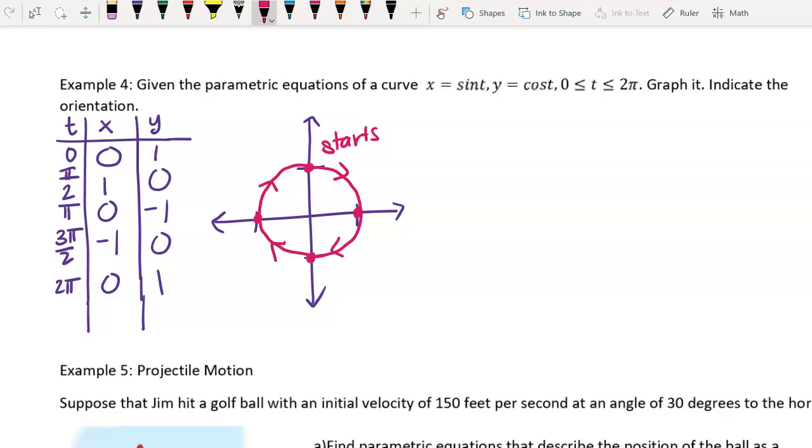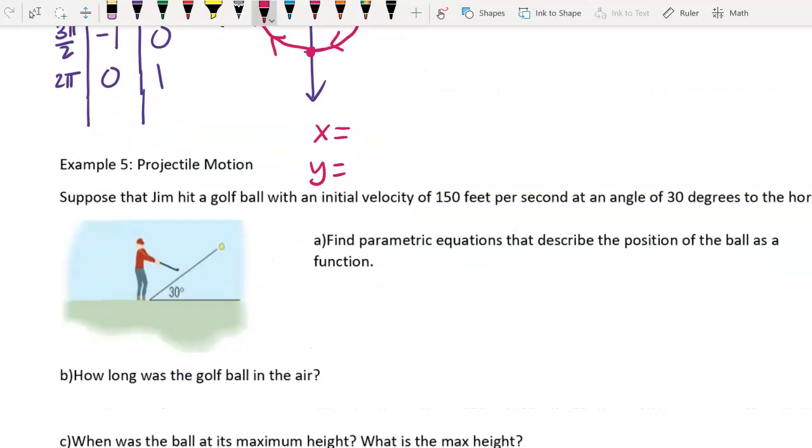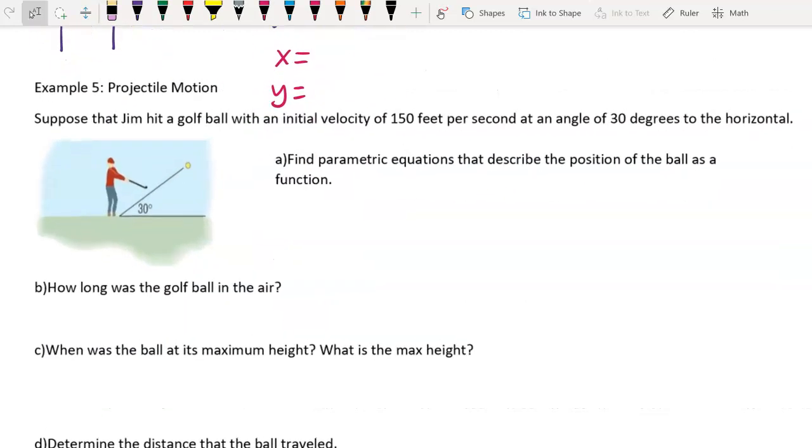Example 5, not last. So in the prior notes, guys, I gave you the 2 parametric equations for projectile motion. I want you to find it, write it on the top. X equals, y equals, right there. So find it in your notes. We took notes.